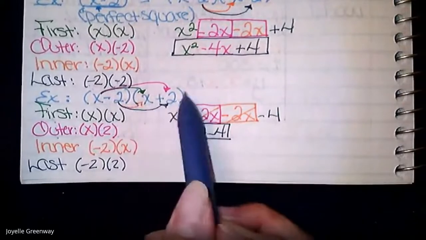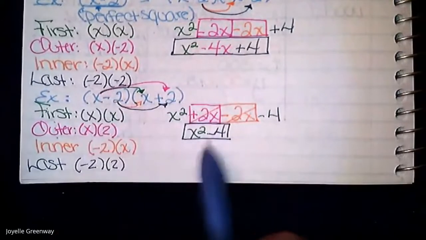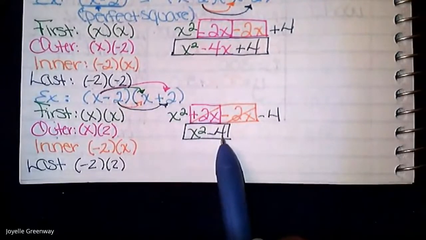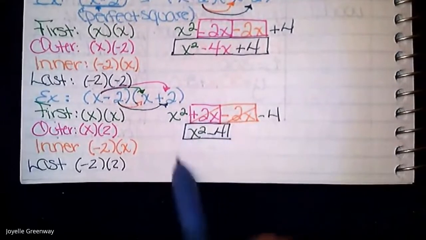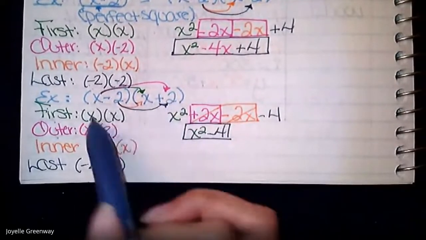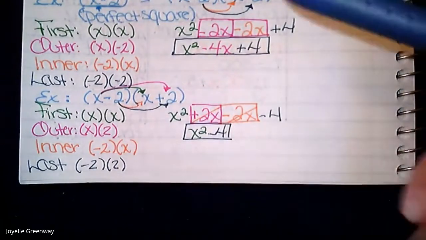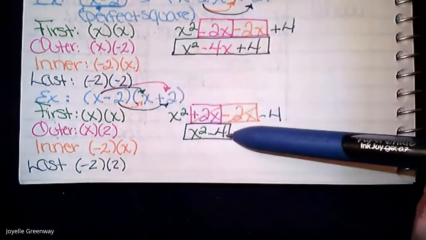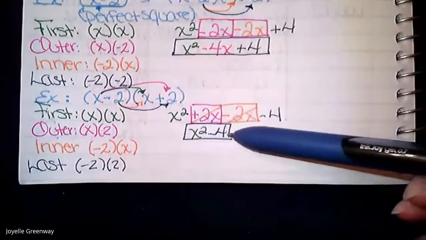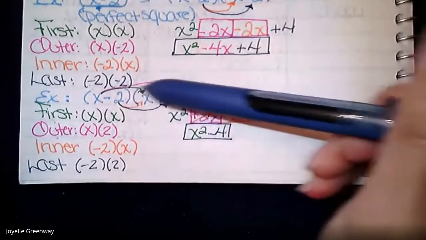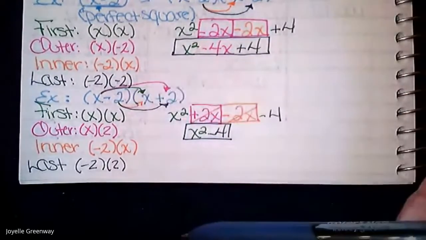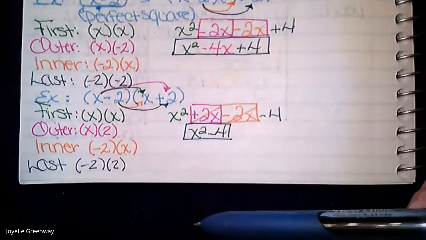Your x plus 2, x minus 2. So x squared minus 4 is the simplified version of multiplying these two binomials. That is the only instance when multiplying binomials where you will get 2 terms in your answer. It's when you have the opposite last terms, because they cancel out.